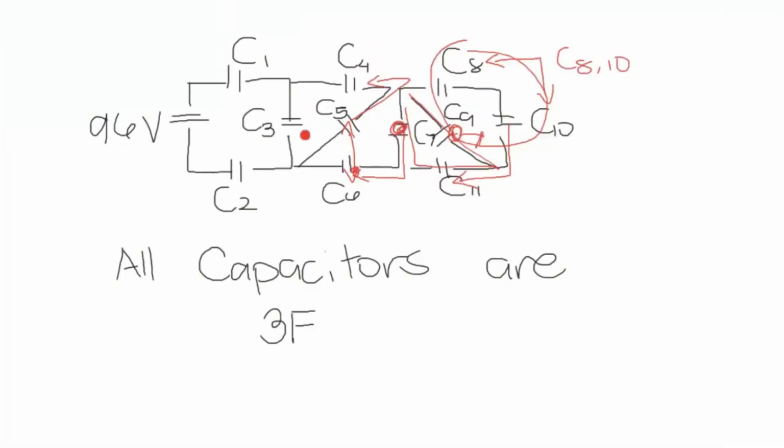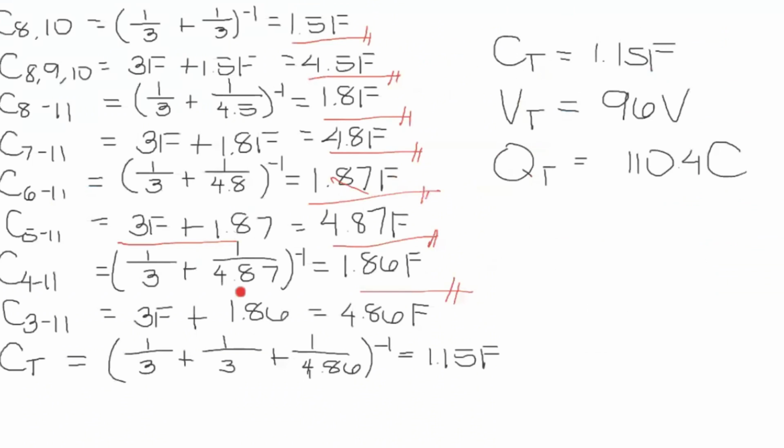And next is our C3. If this is our C4, 5, 6 to 11, it is directly in parallel with our C3. Therefore, we will be using summation and our answer is 4.86 farad.